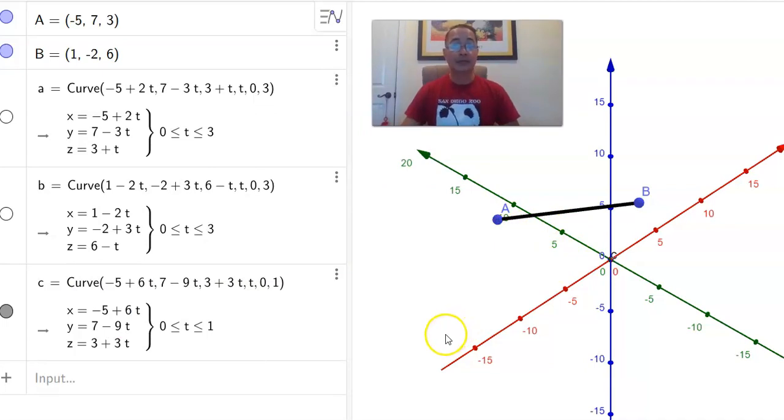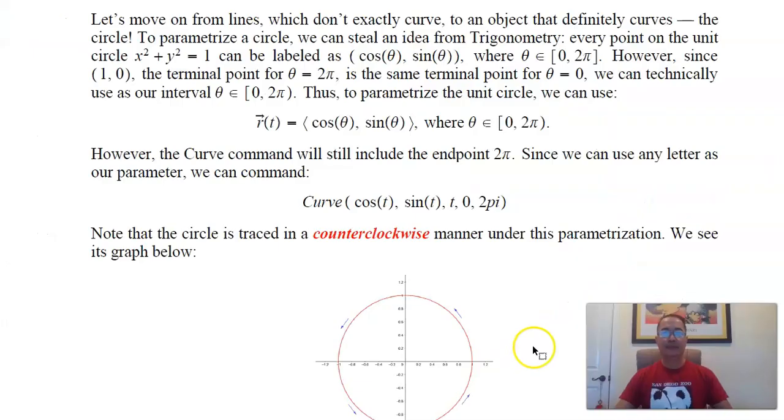All right, so let's go back to our PDF and we're going to look at curvier curves. Okay, so let's talk about circles. We are going to construct circles, and the idea is to think of trigonometry. When you're on the unit circle, the coordinates can be labeled as cosine theta, sine theta, right?